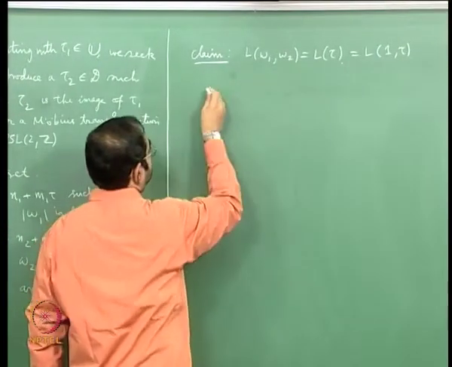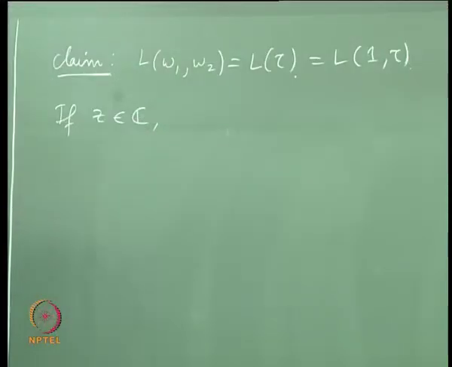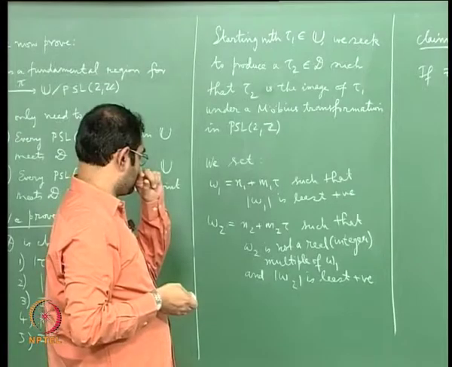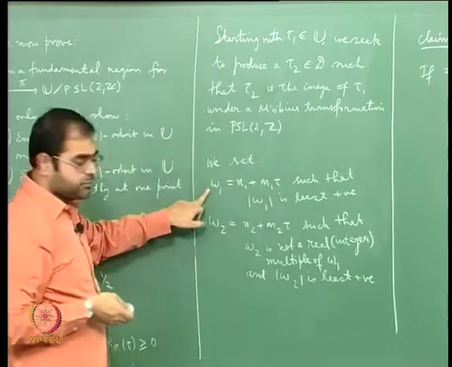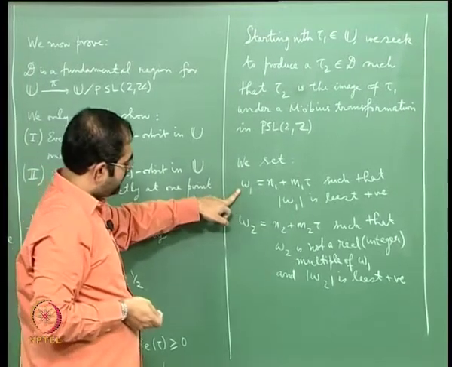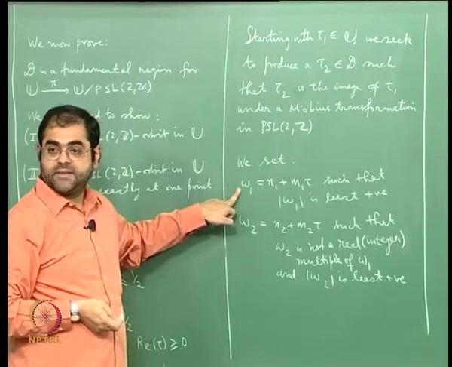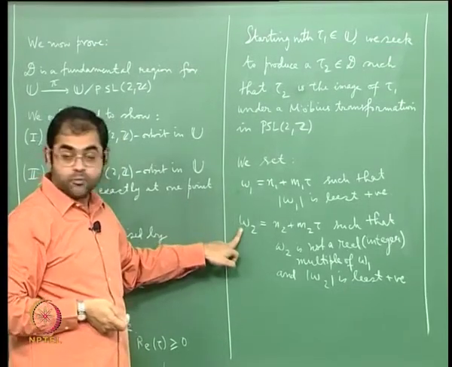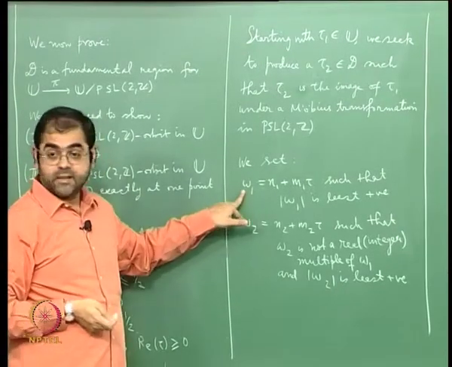So what one does is, if z is a complex number, the first thing that you need to notice is that omega 2 is not a multiple of omega 1 by the very definition, because you are choosing omega 2 among the members in the lattice L tau which are not real multiples of omega 1.